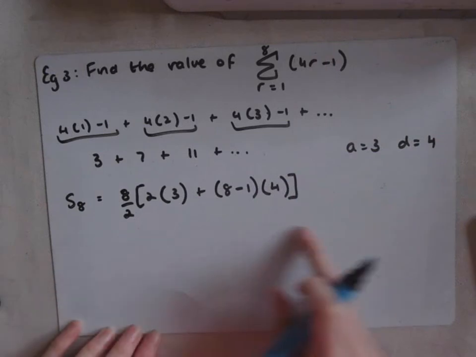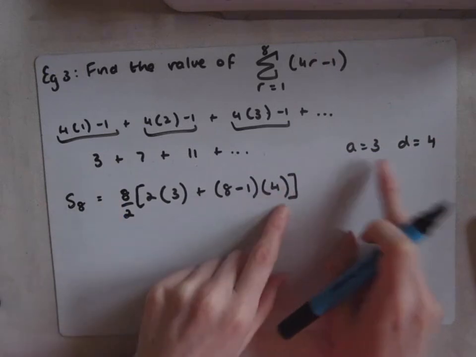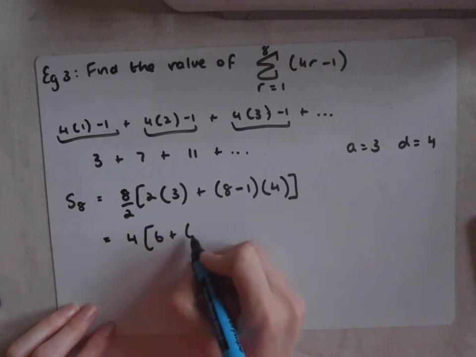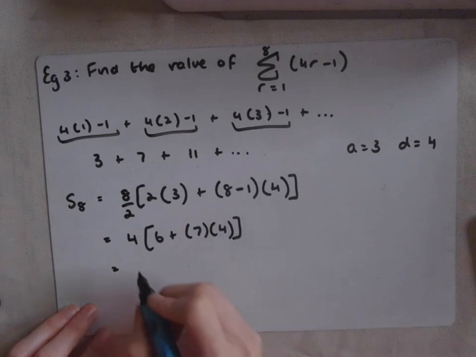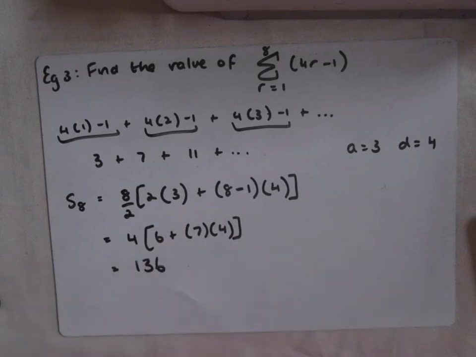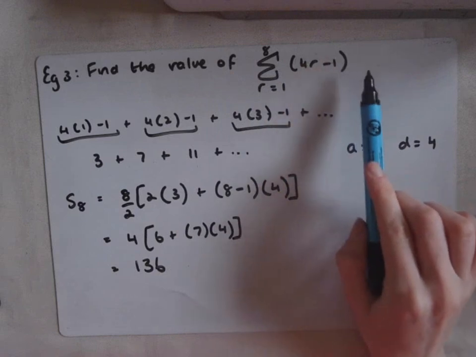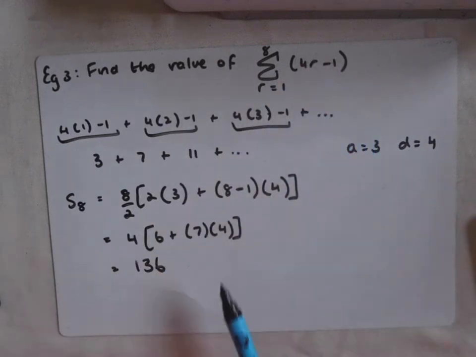All I've done is filled in my n, which is 8, my a, which is 3, and my d, which is 4. Just throw it into your calculator, and you get 136. So the value of this whole thing, which is telling you the sum of 4r minus 1 from 1 to 8, is 136.